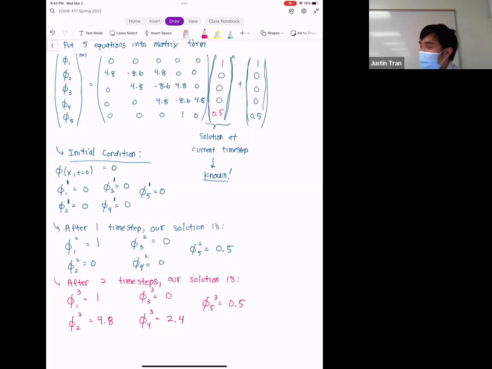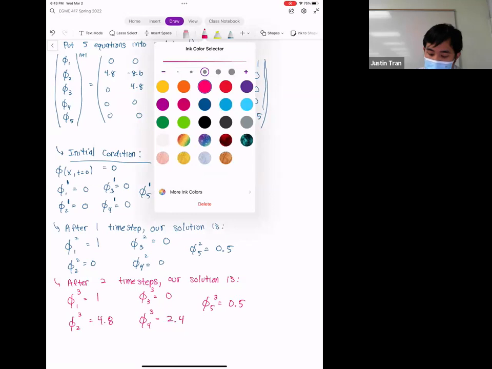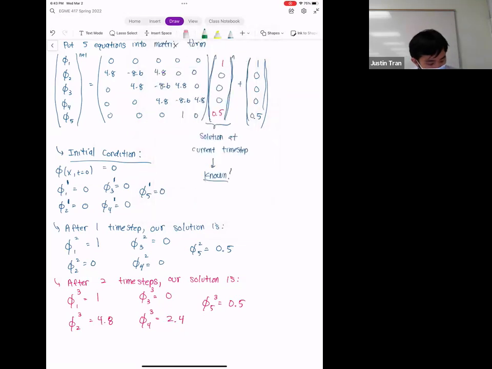So that's the solution after 2 time steps, and of course you can continue this logic more and more. I don't actually have it computed, but I can tell you how to set it up for the next one.